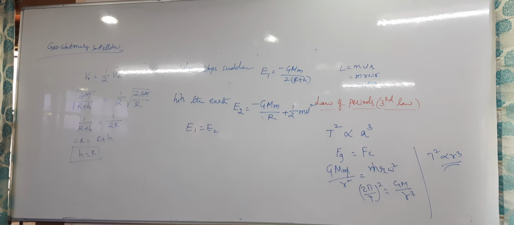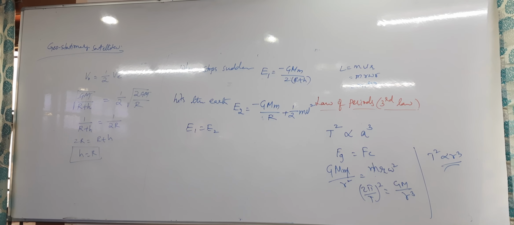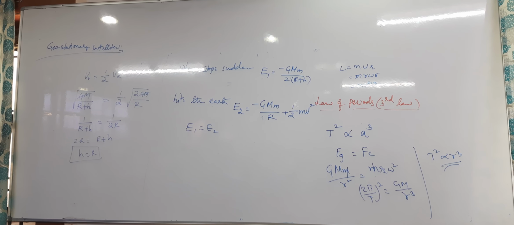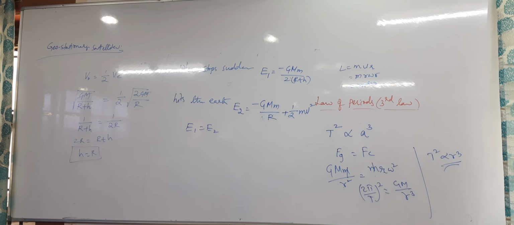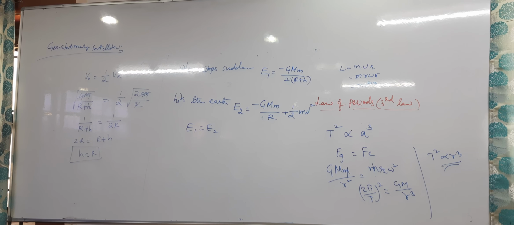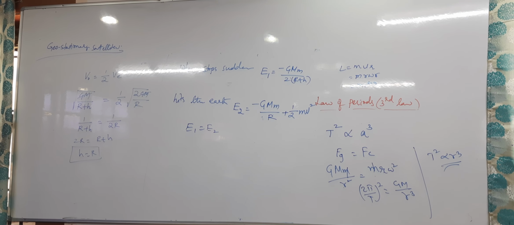No, what total energy is there when it stops suddenly, they said? Before stopping it was having how much energy? Minus GMm by 2R, in the orbit. You are saying that stopping means velocity becomes 0, so the initial kinetic energy becomes 0.